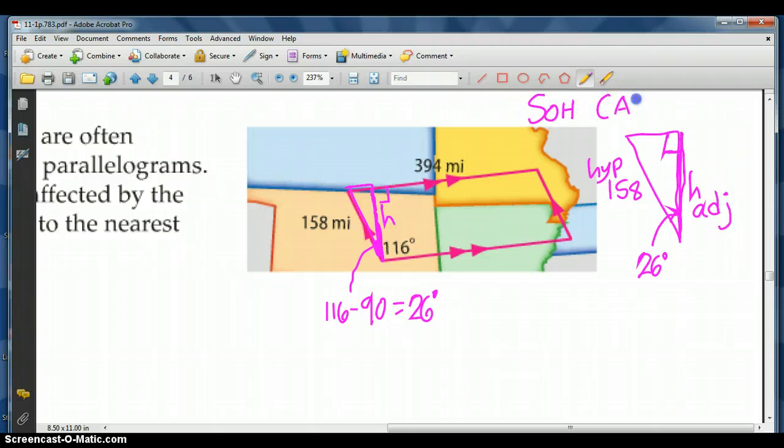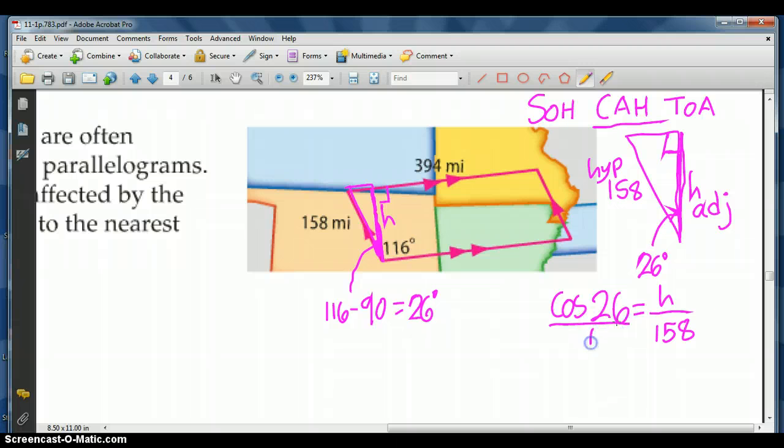Using SOHCAHTOA, we have to use adjacent and hypotenuse to figure out h. So we would use cosine. So the cosine of 26 is equal to adjacent over hypotenuse.